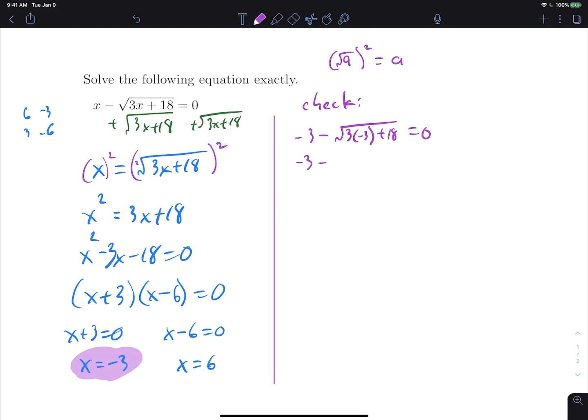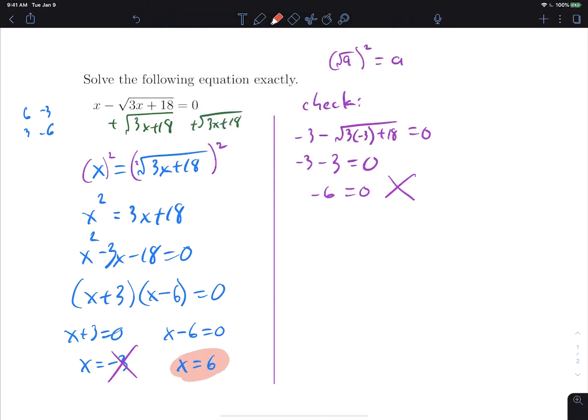So negative 3 minus, and then the square root of 9 was 3, equals 0. But negative 3 minus 3 is negative 6. So if you were to type this into the original equation, you would just get negative 6 out of all that. But notice that negative 6 does not equal 0, which tells me that negative 3 is not a solution of the original.